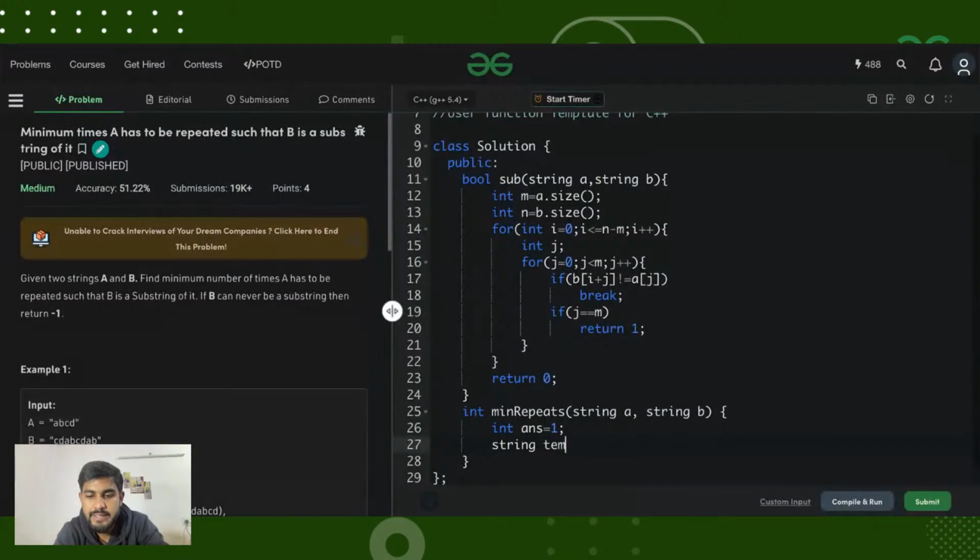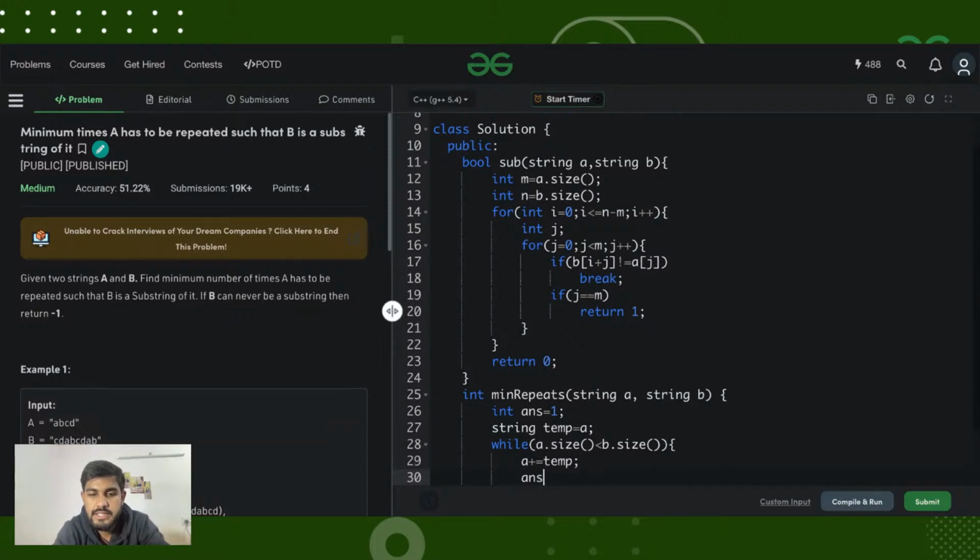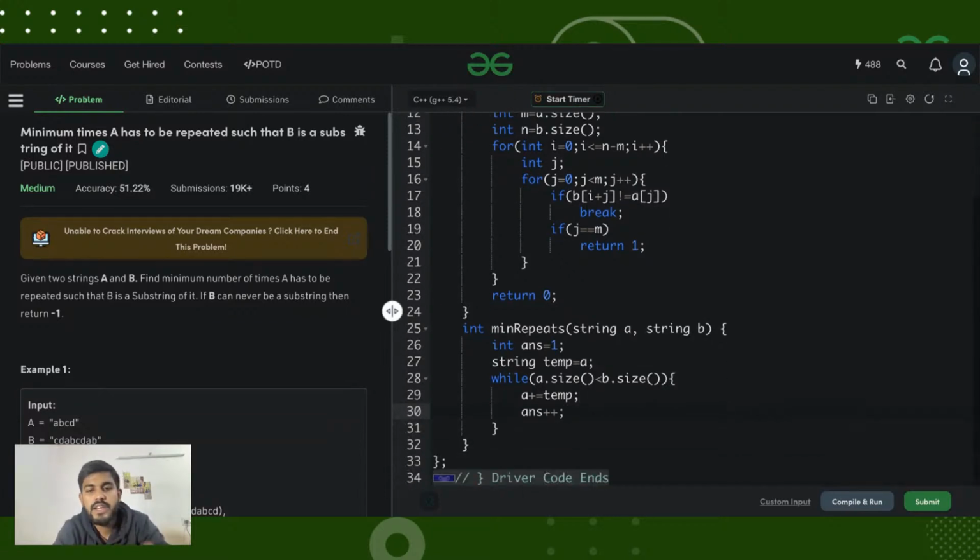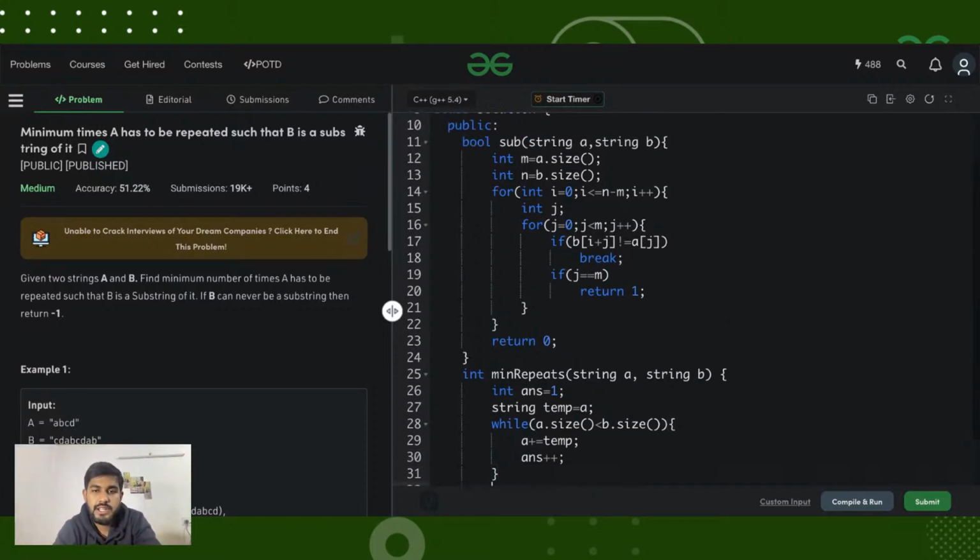So string temp is equal to a, and then we would write while a dot size is less than b dot size, a plus equals temp, and then answer plus plus. Like we would just keep adding the value again and again. Suppose sid, then again sid, then again sid. So basically we are adding the same thing again and again.